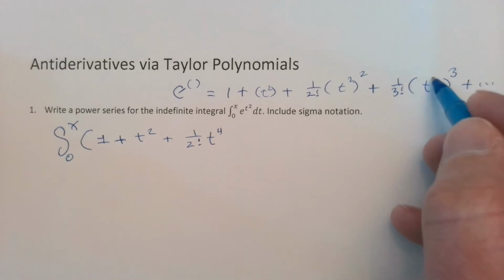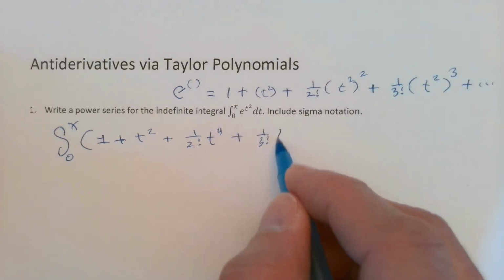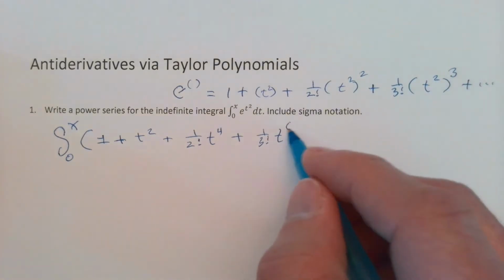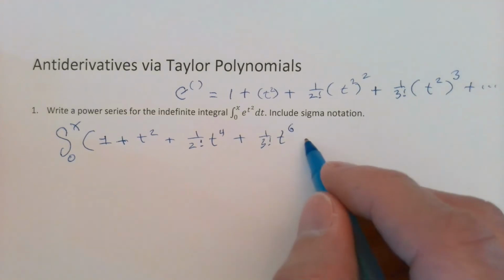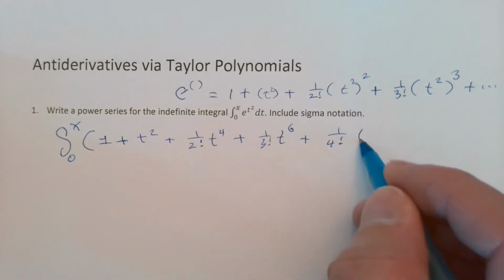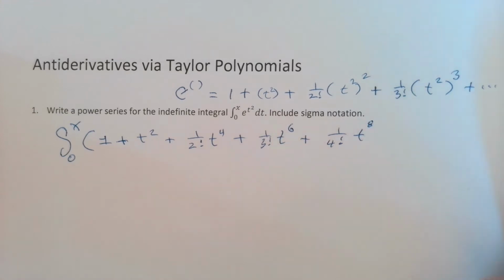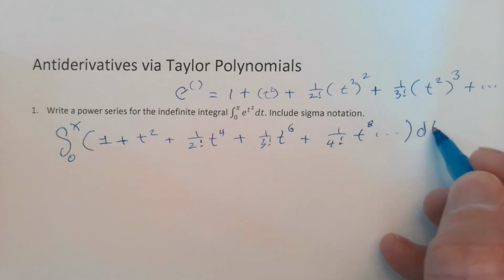Put t squared here, and I'll have plus 1 over 3 factorial t to the 2 times 3 is 6 power. And then you can see the pattern developing here. Of course, the next term is 1 over 4 factorial t to the 8th power, dot dot dot dt.